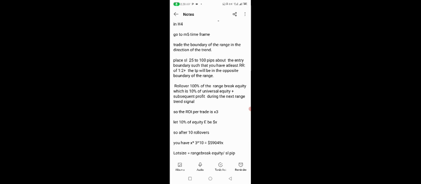So your starting capital is $100, but your equity should be up to $1,000 so that you can use certain lot sizes. If you have small equity, say $10 or $100, you may not be able to run this because the lot size will be big most times, and the broker will not let you run certain lot sizes within certain equity.